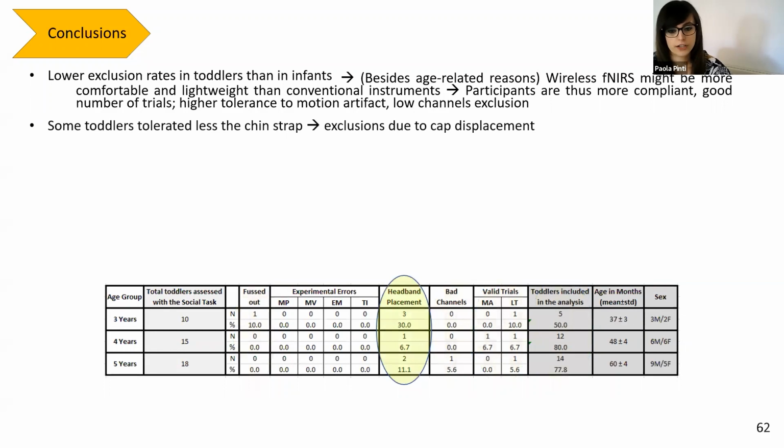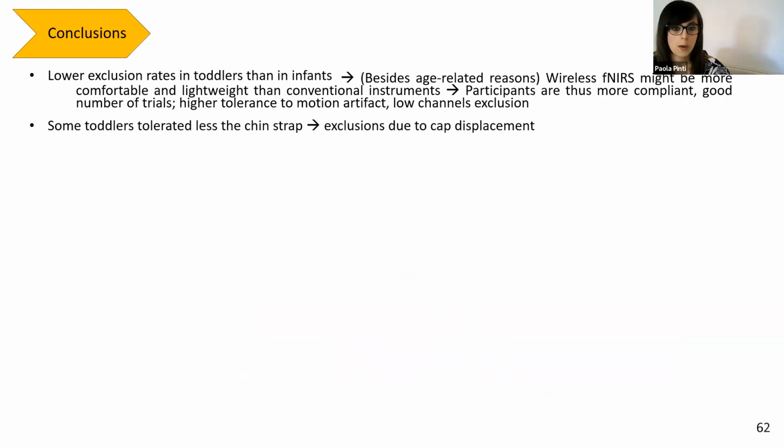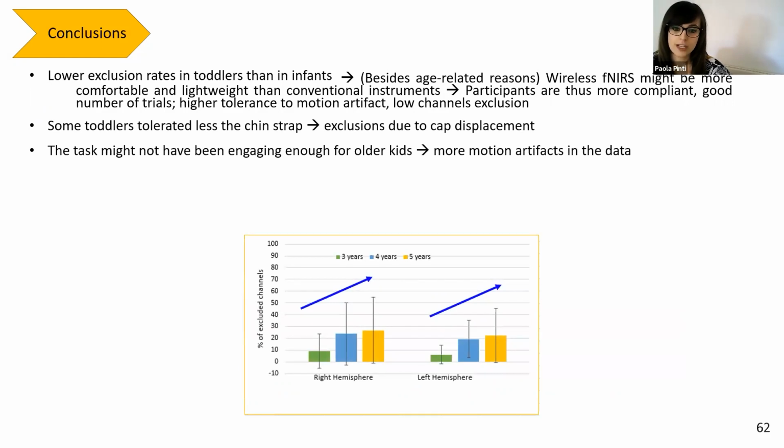However, some of the toddlers did not like the chest strap. The majority of the participants were excluded due to displacement caused by this reason. It's also very important to design a cognitive task that is engaging enough for older kids. Otherwise, we will get more noise in the data and an increase in the exclusion rates of the fNIRS channels.